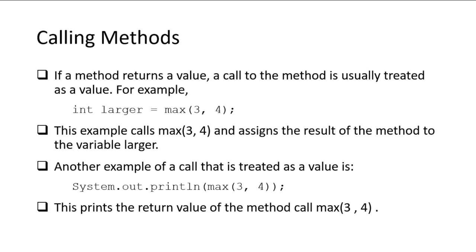Sometimes you can use it right away, for example, by printing it on the screen, like shown here, System.out.println(max(3, 4)). In this call, the function max is called, the method will run and return the maximum number, in this case 4. And once 4 is returned by this max method, it will be directly sent to the screen to be printed right away.